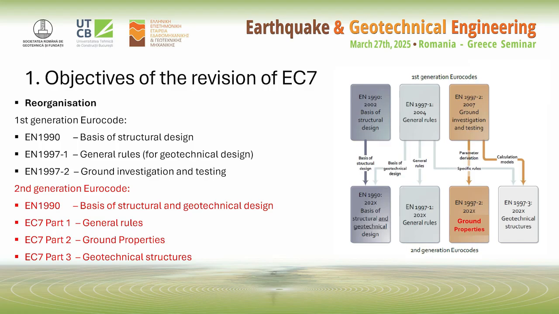First of all, we are facing a reorganization of the Eurocodes, and I will refer only to Eurocode 0 and Eurocode 7; Eurocode 8 will be addressed later on by the other speakers. So in the first generation we needed first of all Eurocode 0, which was basis of structural design, and the two parts of Eurocode 7, general rules and ground investigation and testing.